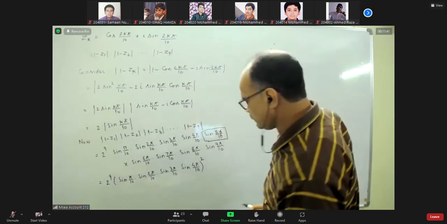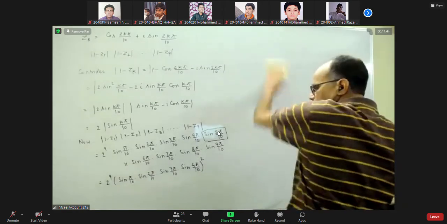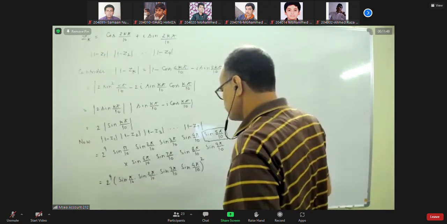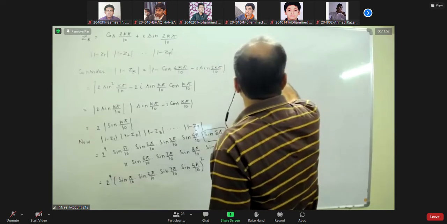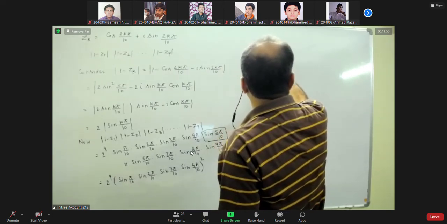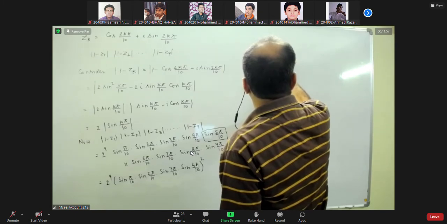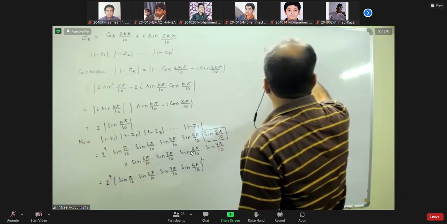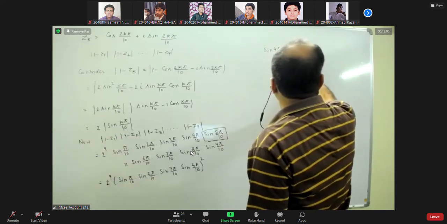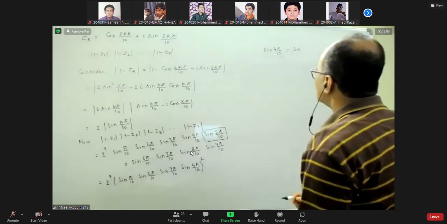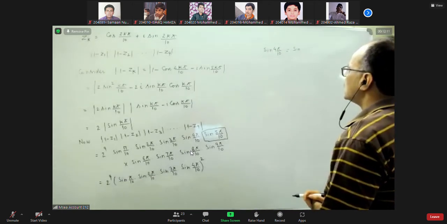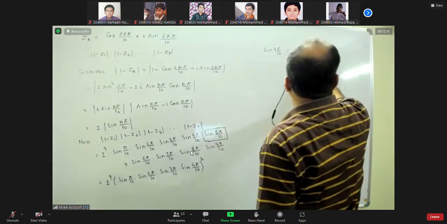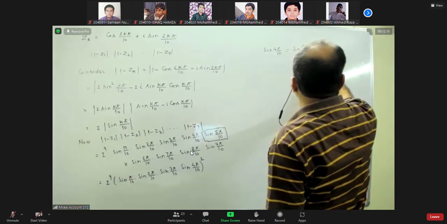Now further, sine 4 pi by 10. Sine 5 pi minus 4 pi.